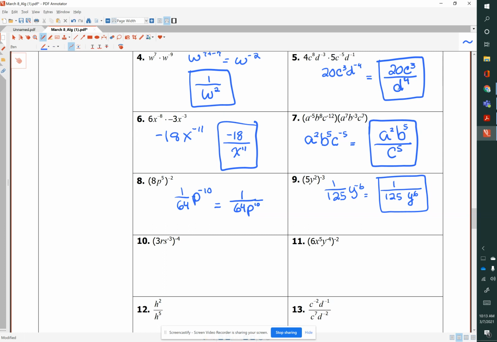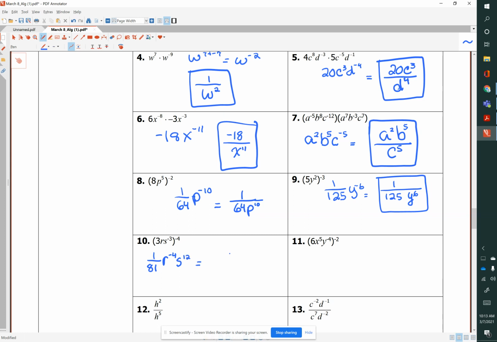Number 10. 3 to the negative 4th power is 1 over 81. R is 1 times negative 4, negative 4. S is negative 3 times negative 4, which is a positive 12.